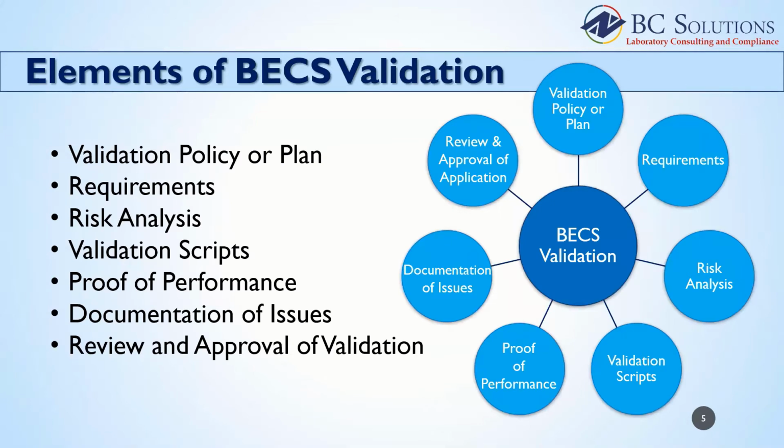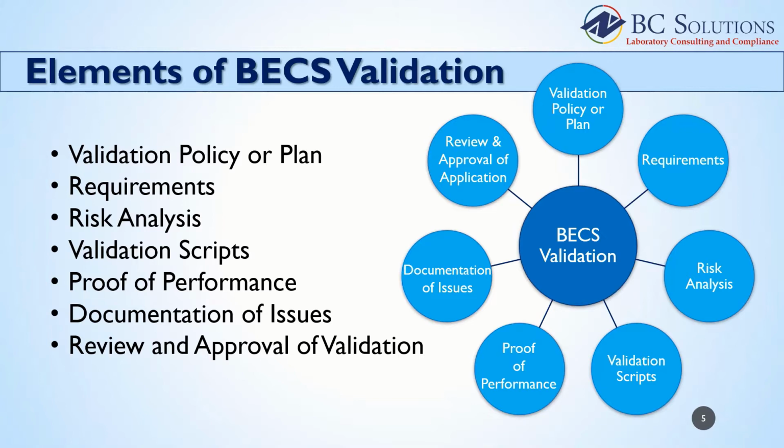This next slide lists the elements we're going to talk about today: validation policy or plan, requirements, risk analysis, validation scripts, proof of performance, documentation of issues, and review and approval of validation.